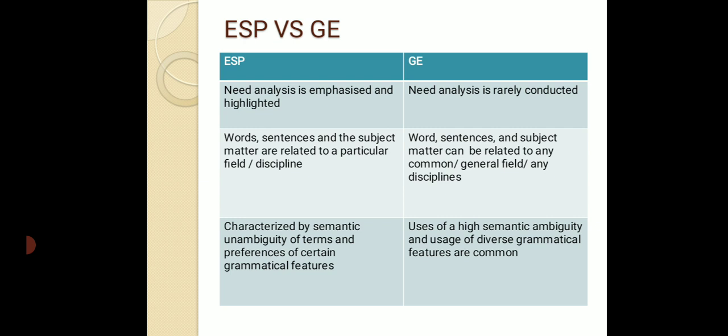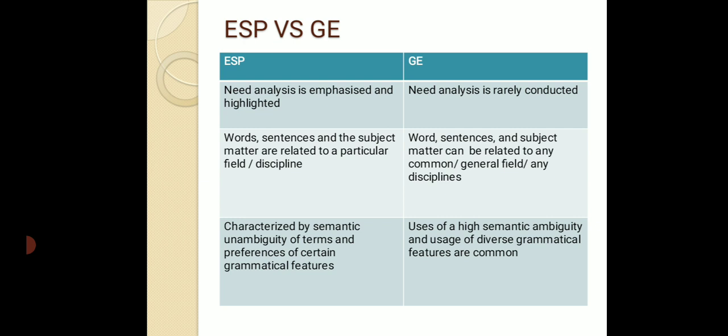English for mathematics, the words, vocabulary, the materials we are presenting to the learners will relate to the words and vocabulary related to mathematics. So very specific to a particular field or discipline.